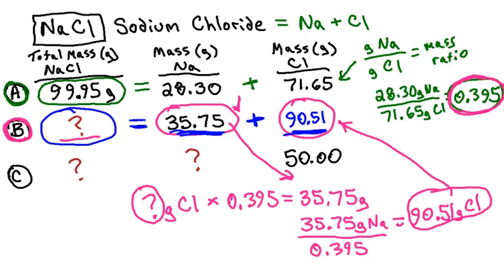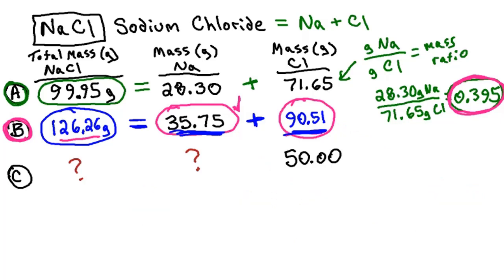So 35.75 plus 90.51 is going to give us 126.26 total grams of sodium chloride.